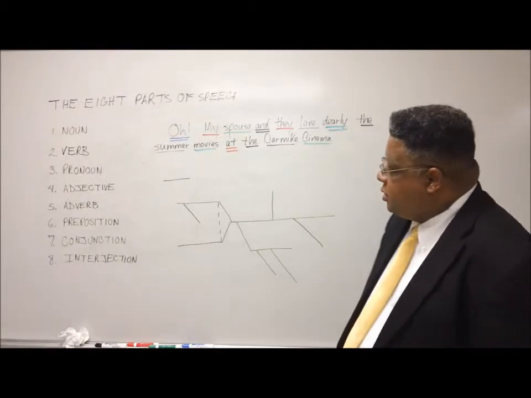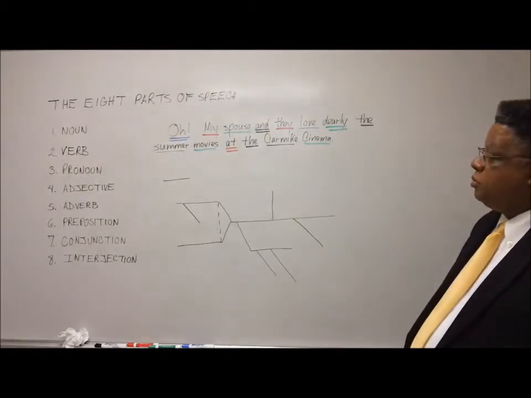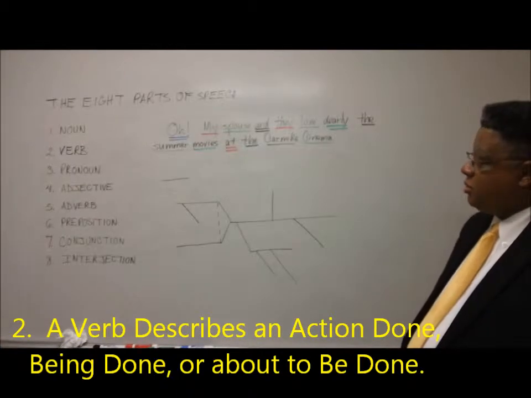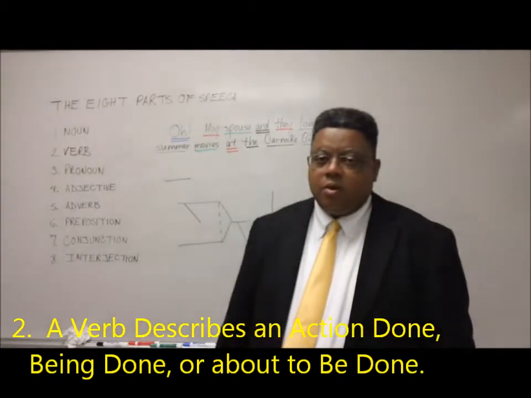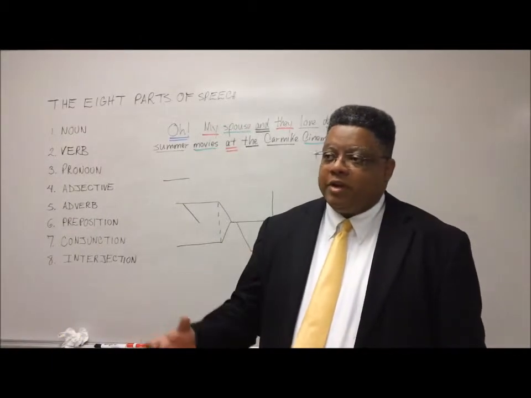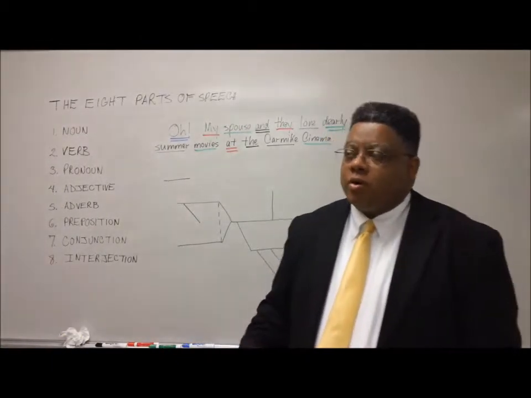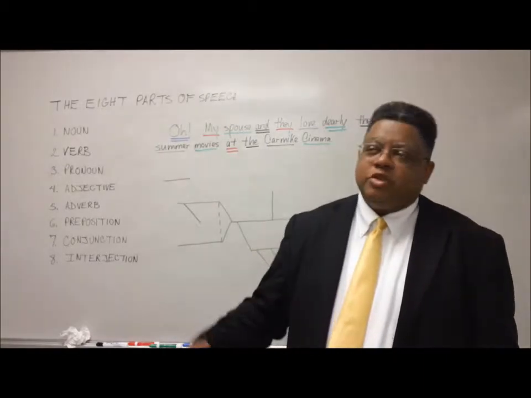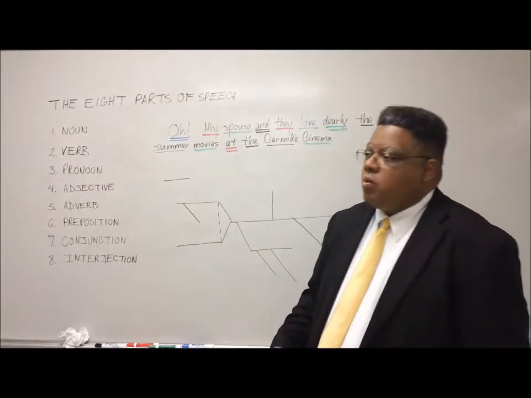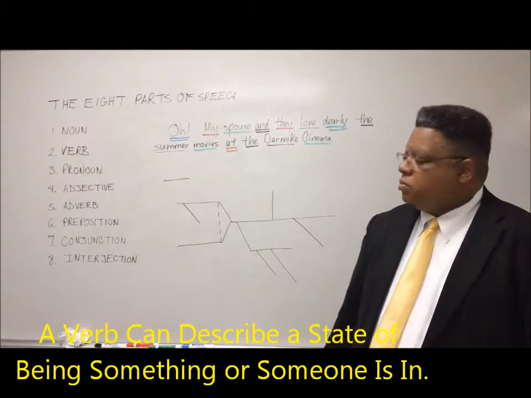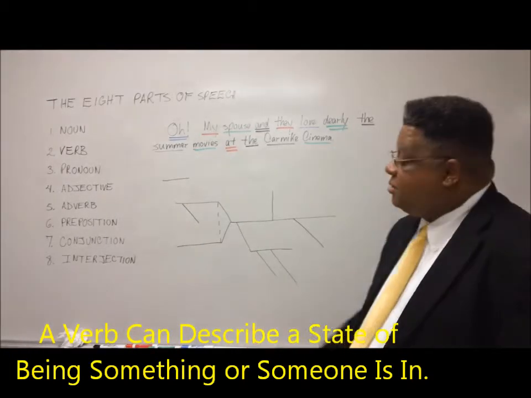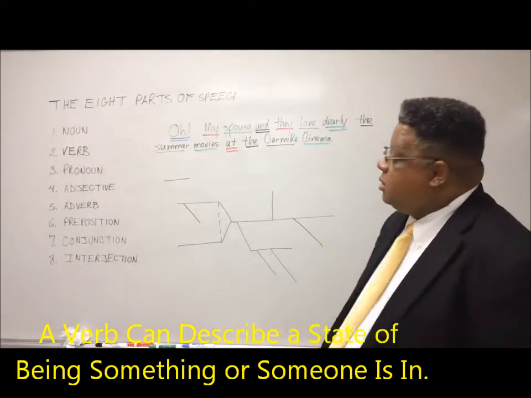A verb is a word which describes what actions are occurring in a sentence, or what is being done, what is being done to something, what something is becoming, or what something is in a state of being.